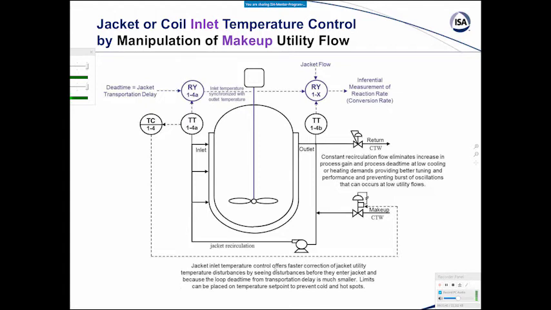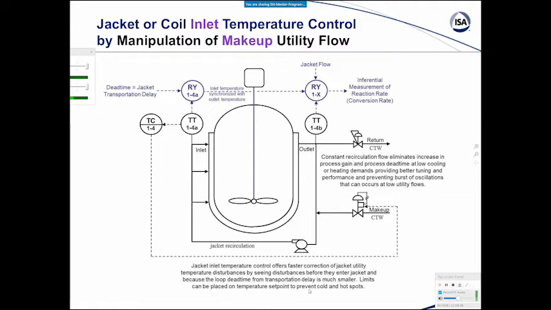The jacket inlet temperature control offers faster correction of jacket utility disturbances. You see the disturbance quicker at the inlet here, because that's where it's coming in before the jacket, and because the loop dead time from transportation delay from here to there is less.